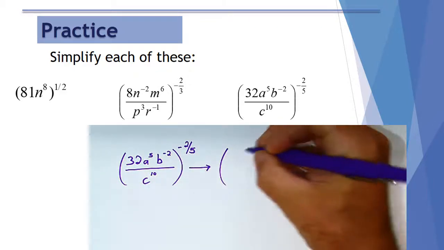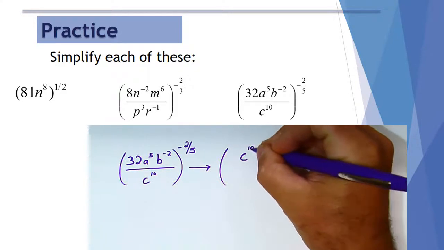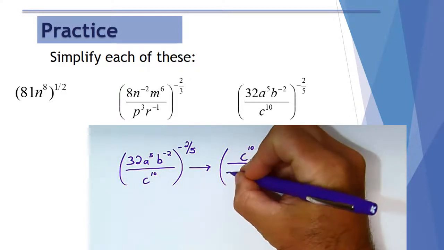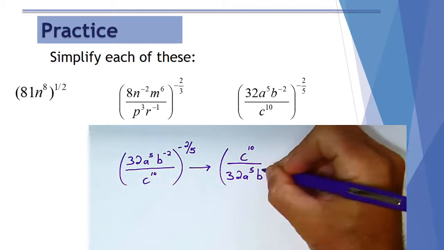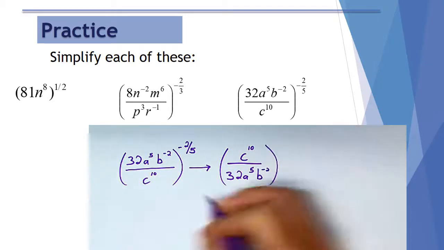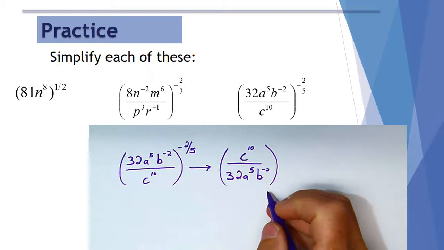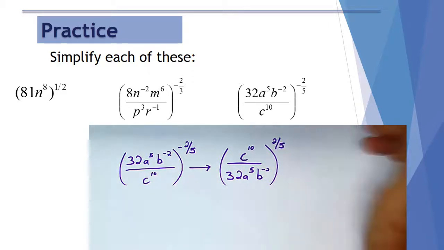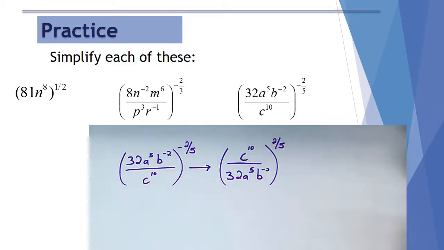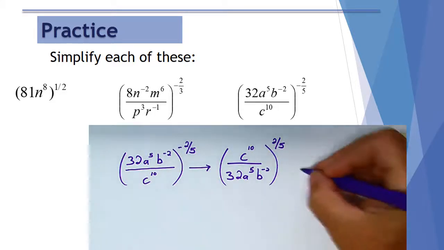And so we can change this to become c to the 10th over 32 a to the 5th b to the negative second power. We flipped what's inside. We took the reciprocal, so now it's not negative 2/5, it's now positive 2/5. Now you wouldn't have to do it that way, but that's one way to deal with that negative exponent.